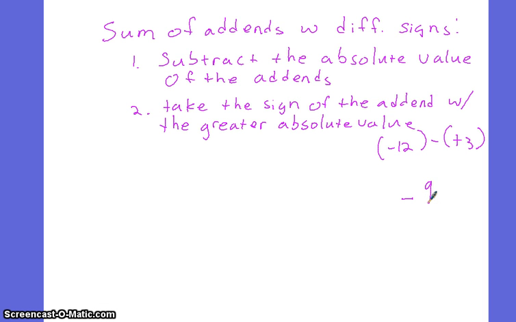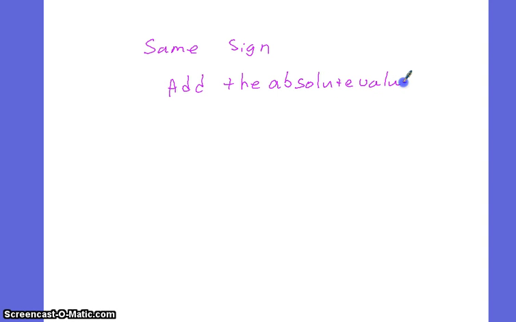Okay? One final set of rules. When you have the same sign, then you add the absolute value of the addends and then you take the sign of the addends.